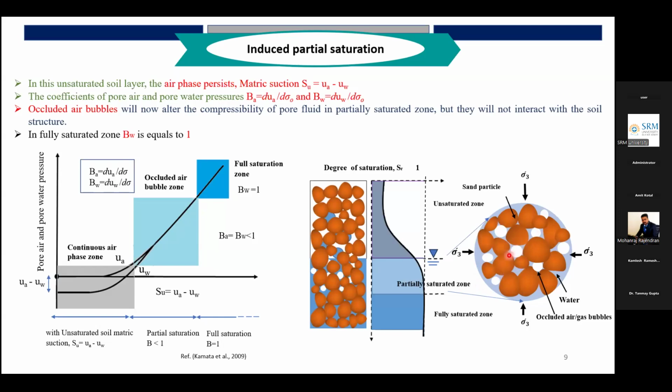When air bubbles are formed within the system, these air bubbles will act as an energy absorbent. It will ensure a reduction in interaction between the particles, and it will compress more. When the system is subjected to more compression, the development of pore pressure will be less. If the pore pressure development is less, then the chance for liquefaction is reduced.